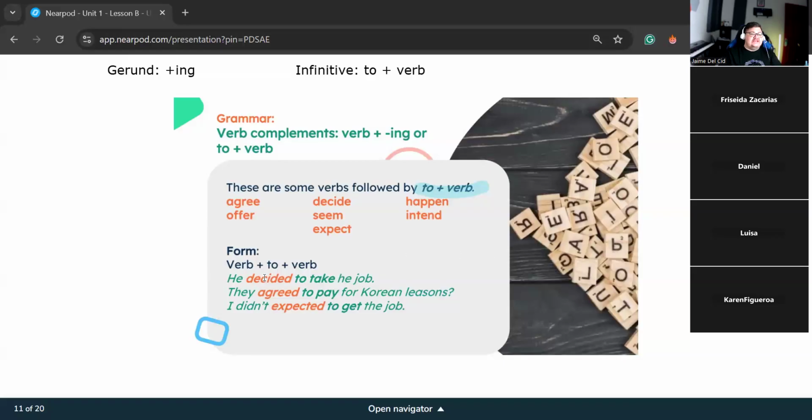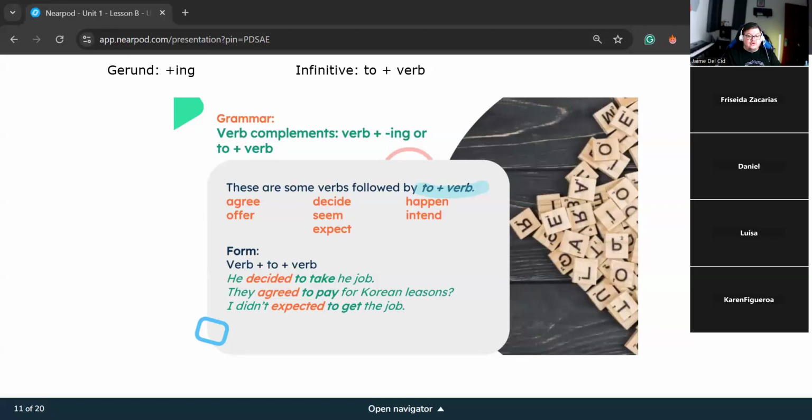So, for example, he decided to take. They agreed to pay. They didn't expect. I guess está malo, ¿eh? No es didn't expect it, sino didn't expect to get the job.